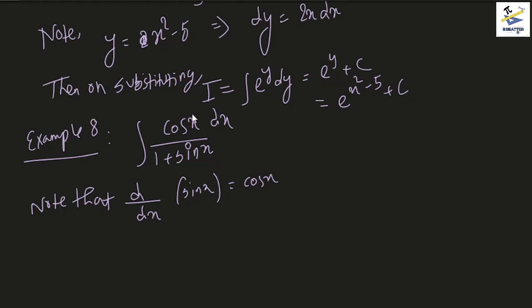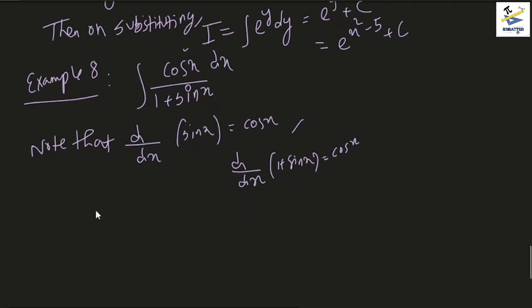So as we can see, cos x dx is present in the numerator and 1 plus sine x is in the denominator. So if the derivative of sine x is cos x, then the derivative of 1 plus sine x should also be cos x, right?